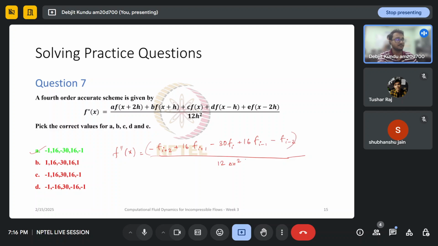So this is verified. You can go find out anywhere. You can ask ChatGPT what is the fourth order accurate scheme for the double derivative of f, and I'm sure this is what you'll get.